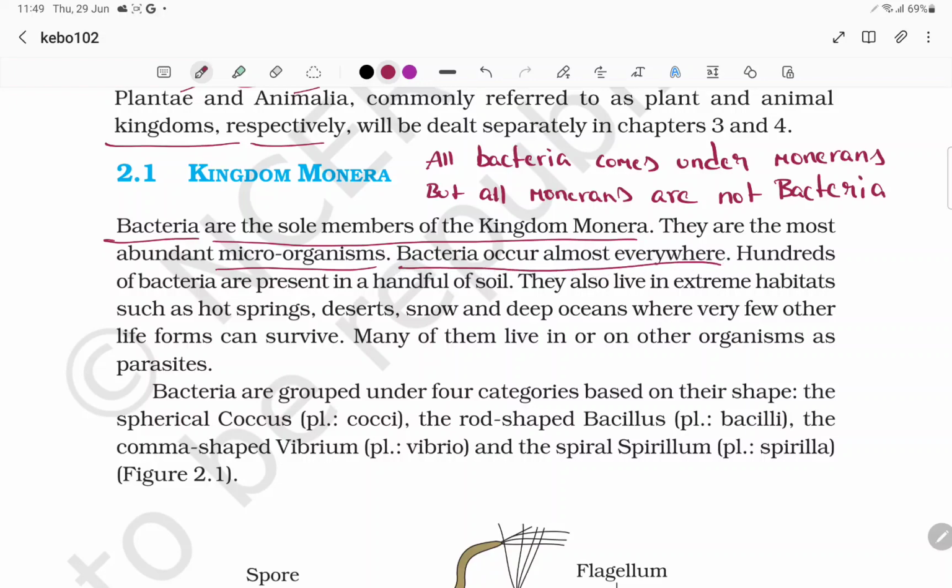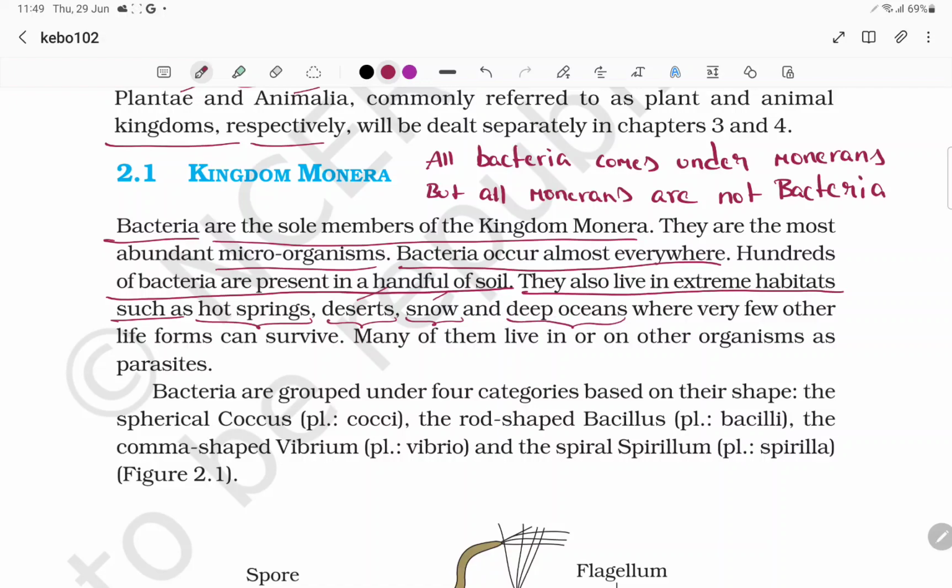Bacteria occur almost everywhere. They are cosmopolitan. Hundreds of bacteria are present in a handful of soil. They also live in extreme habitats such as hot springs, which we call thermoacidophiles, deserts, and snows, because they can live in extreme temperatures, and deep oceans.